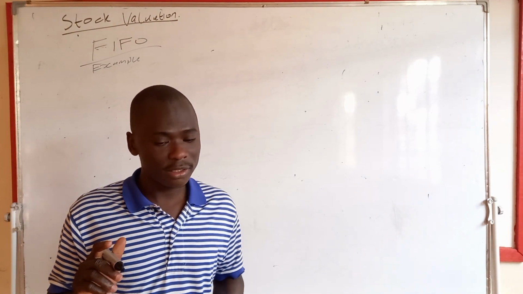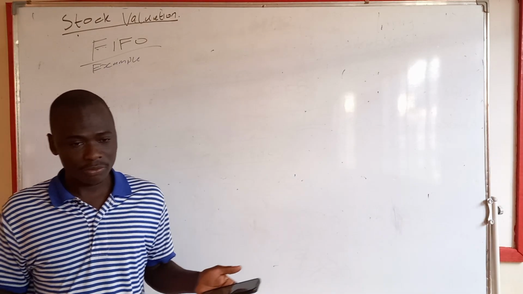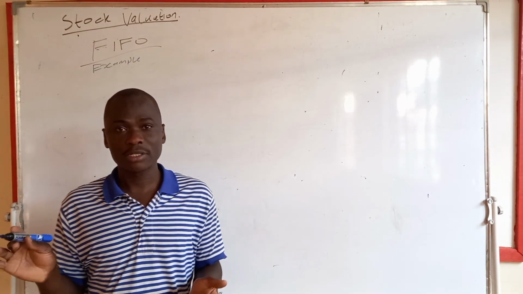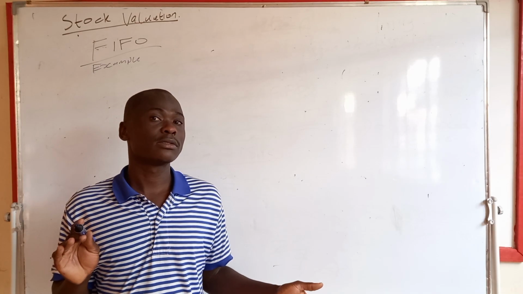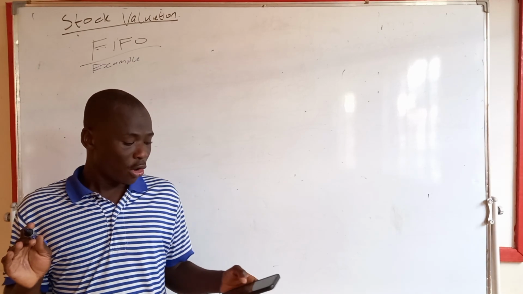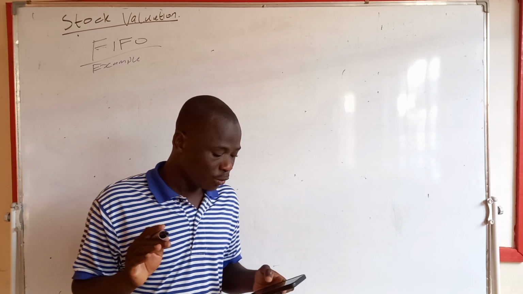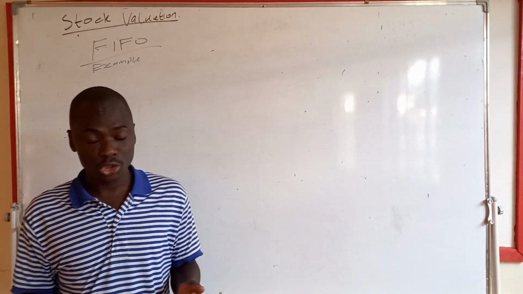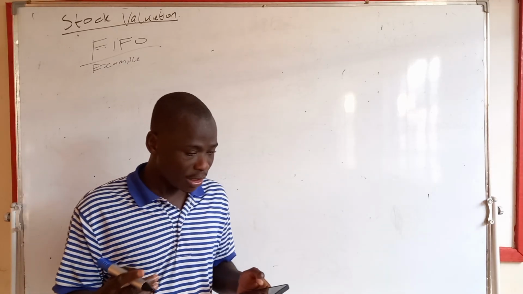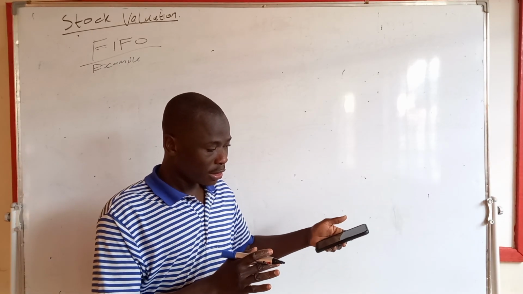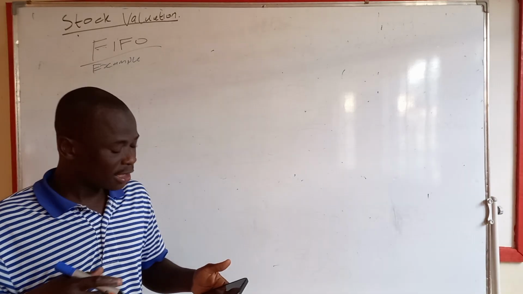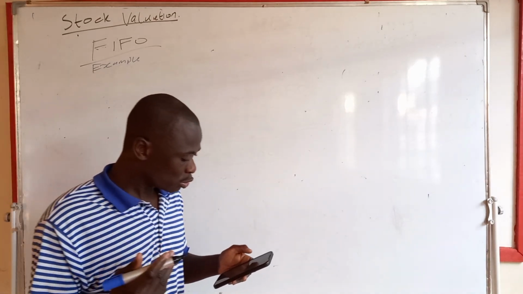So whenever you notice that you are working with the store ledger, we are not being asked about the profit and loss account. So everything here now we deal with the cost, not the price at which the item was issued. So don't just forget about the price at which an item was issued.